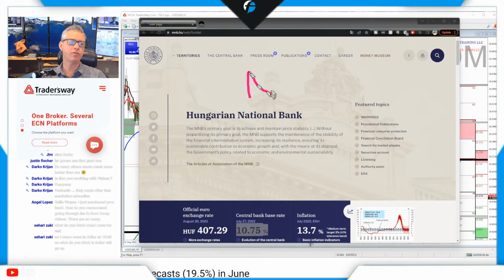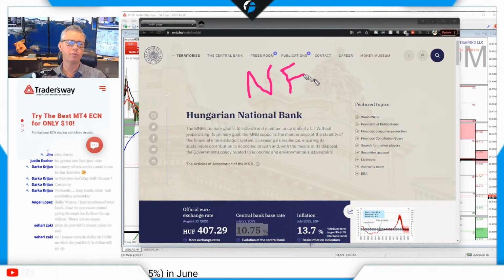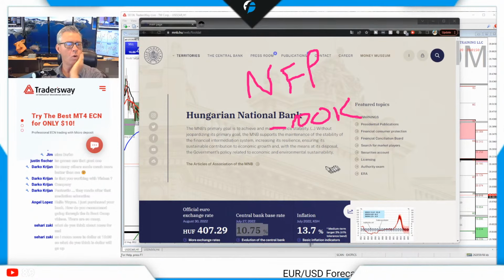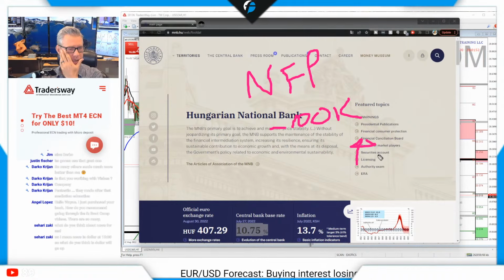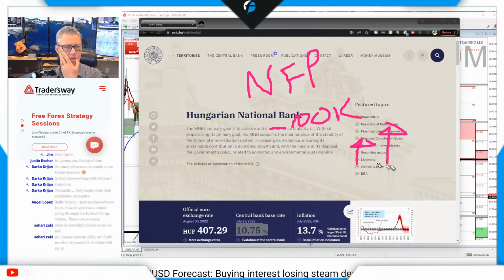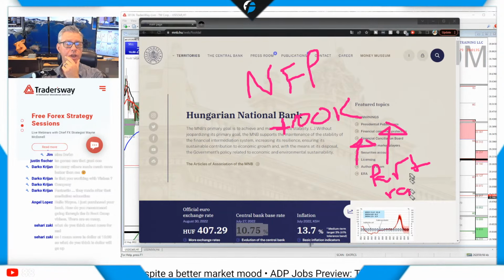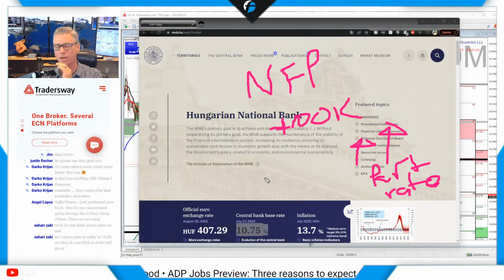Maybe non-farm payrolls. If non-farm payrolls comes out negative 100,000, maybe. Or unemployment goes up, or participation rate goes up because we're losing some people out of the labor force. So let's say it's plus 100,000, but participation rate goes up because the people that lost their jobs were not very productive anyways.